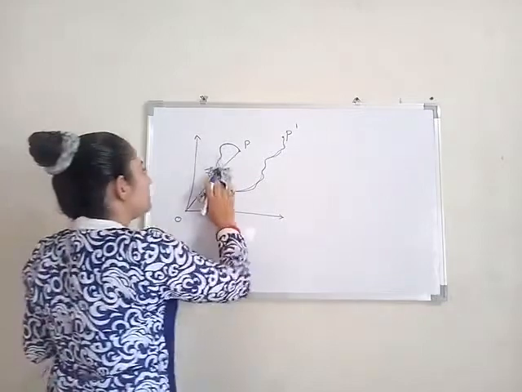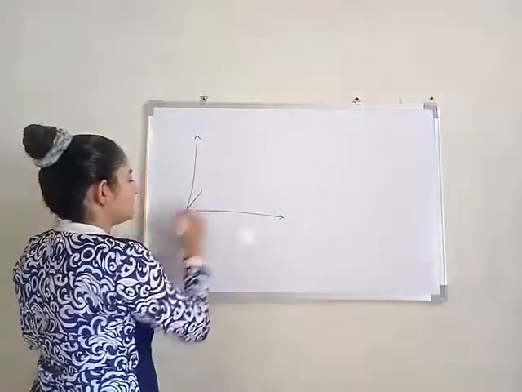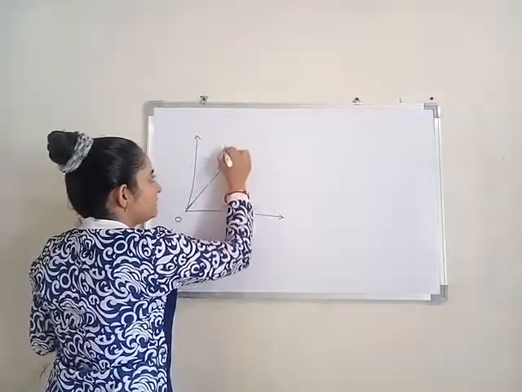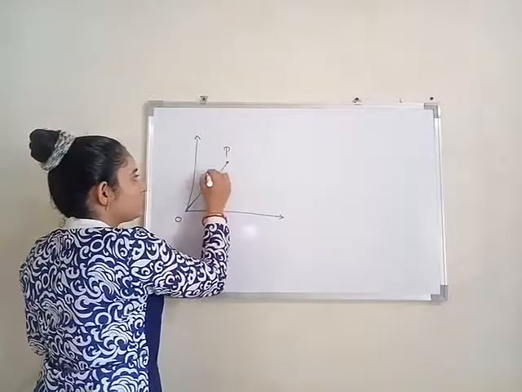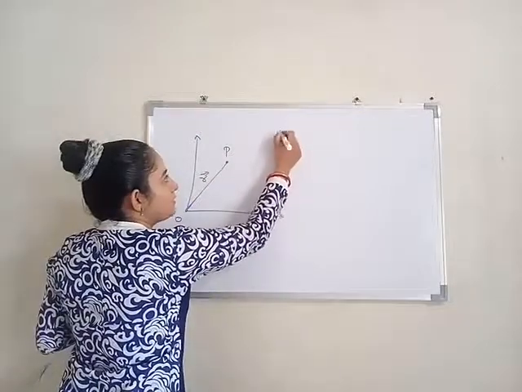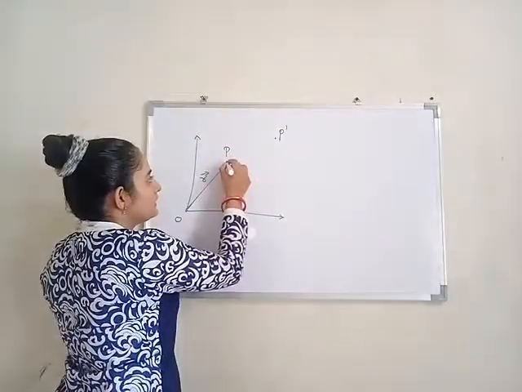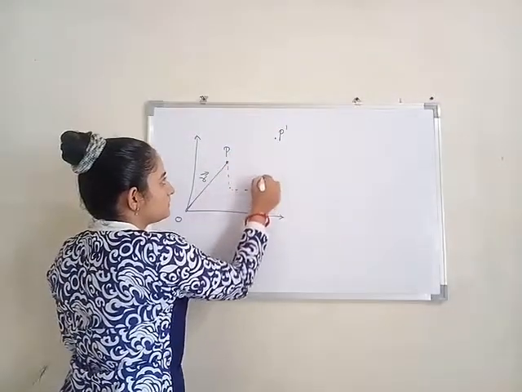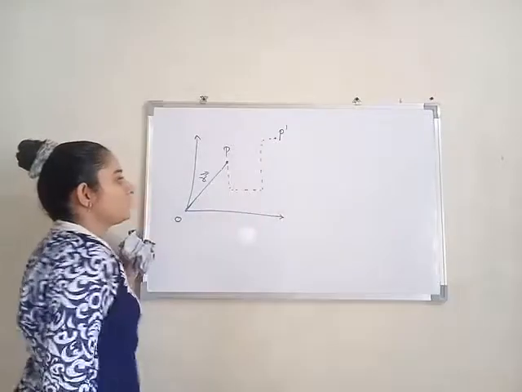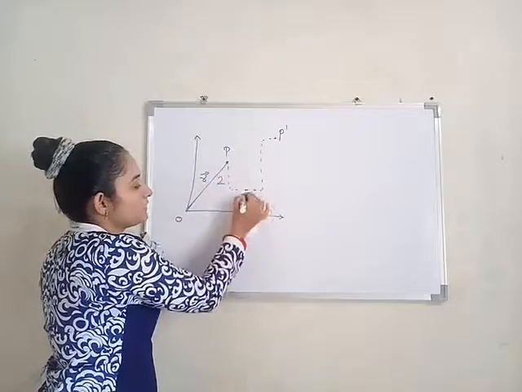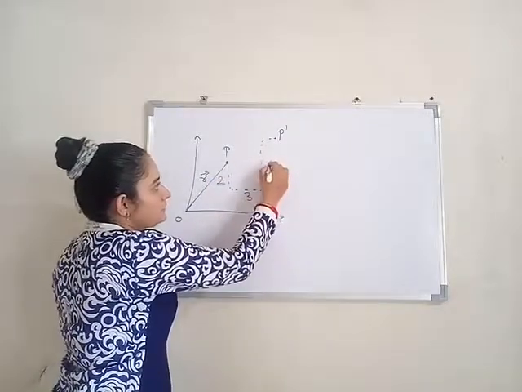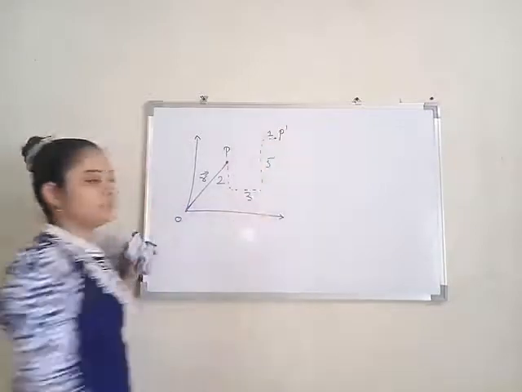Or for example, you take one simple thing. This is point P, its position vector R. This is the point P dash where we reach now. If we move here in this path, for example, say this is 2 meter, this is 3 meter, this is 5 meter, and this is 1 meter.